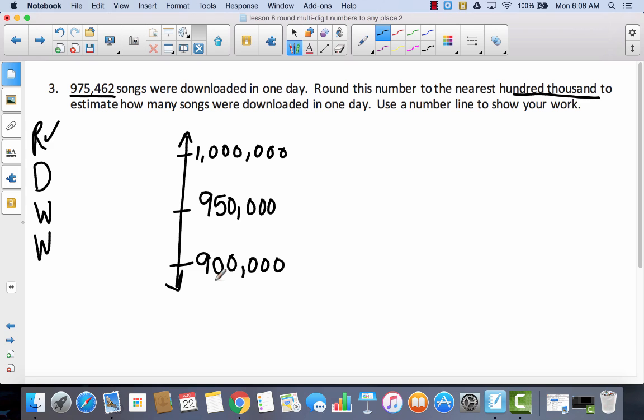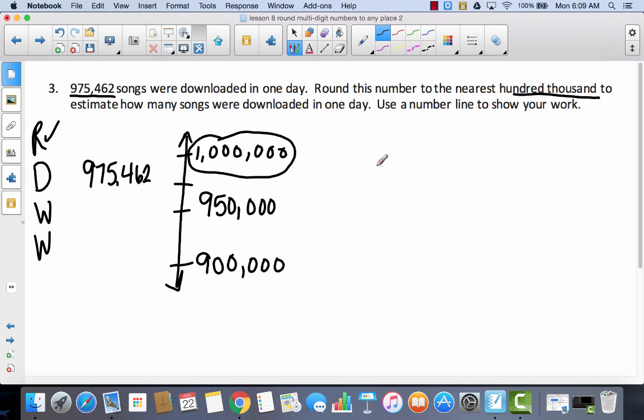So now I've got to figure out where 975,462 belongs on this vertical number line. Well, my 9s are the same, but when I go to the 10,000s, this number has a 7 in the 10,000s place. So that means it's greater than 950,000. So 975,462 would be above the midway point, so that means that it rounds to 1,000,000.